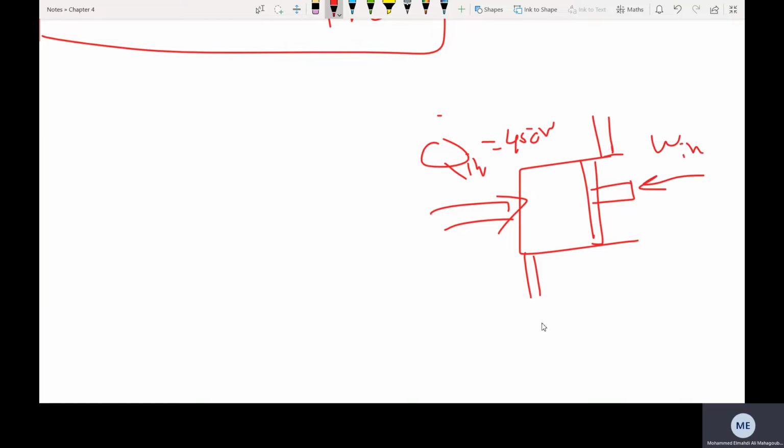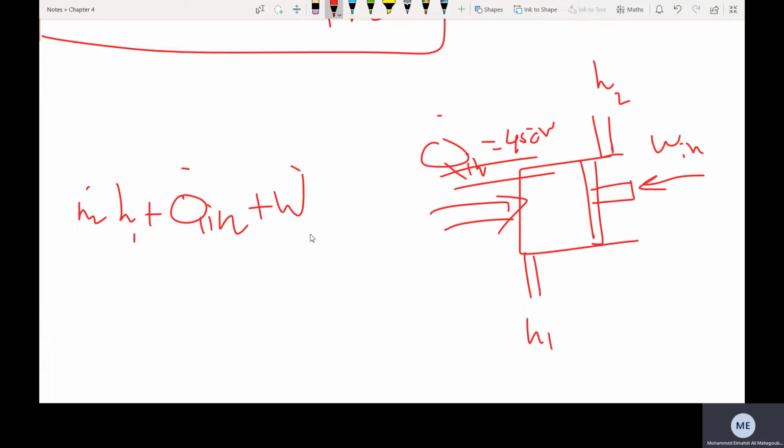So this is not going to be a case of H2 minus H1 multiplied by m dot. You also have to consider this heat, because the question clearly says so. I will do the first law of thermodynamics on the compressor: m dot H1, the inlet, plus Q in, plus the work in, equals m dot H2, the outlet.